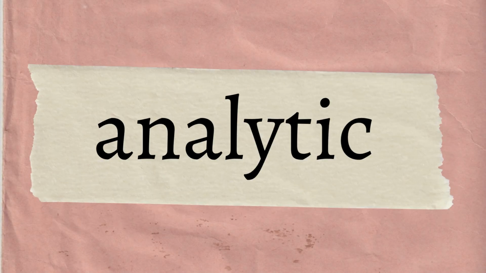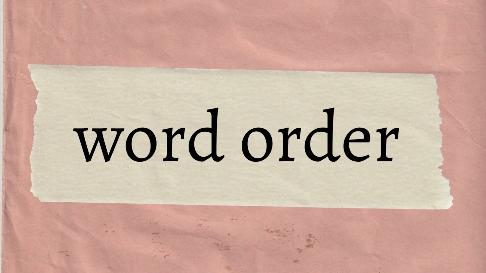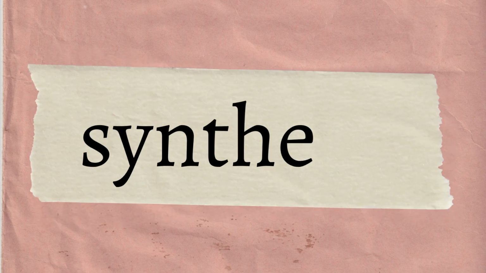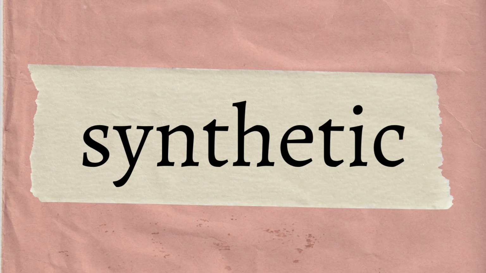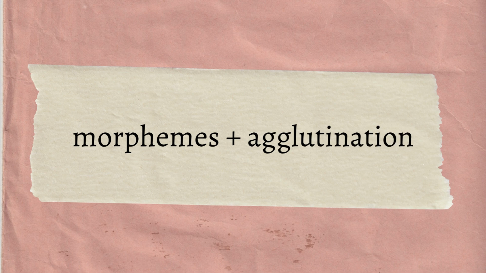English is what we call an analytic language, which means it relies mostly on word order rather than inflection or word form to show relationships between words. Other languages, what we call synthetic languages, use morphemes and agglutination to show which words are doing different jobs.